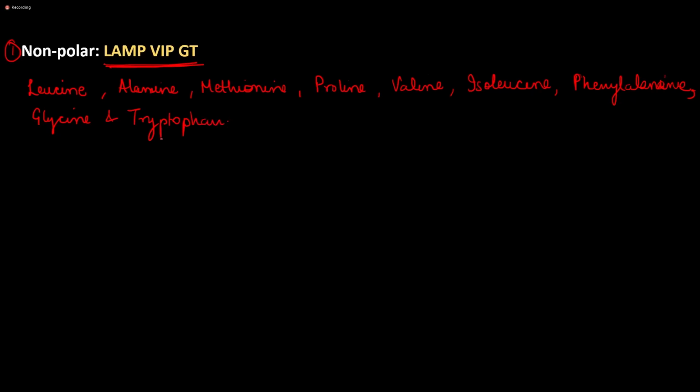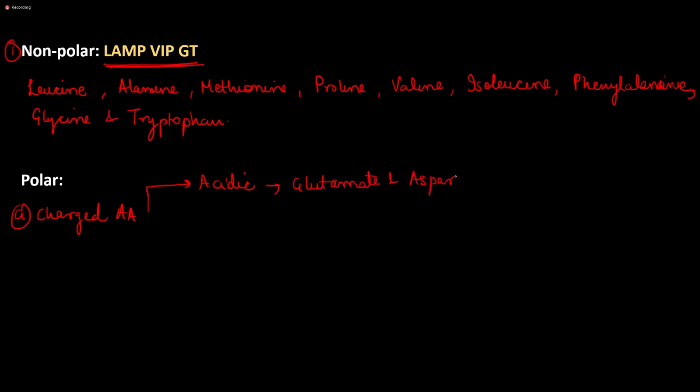Now, if we talk about the polar amino acids, in the polar we have different subcategories. The first one is charged amino acids. So what are charged amino acids? The charged amino acids can be either acidic, and the examples we saw were glutamate and aspartate, right? Acidic means negatively charged.